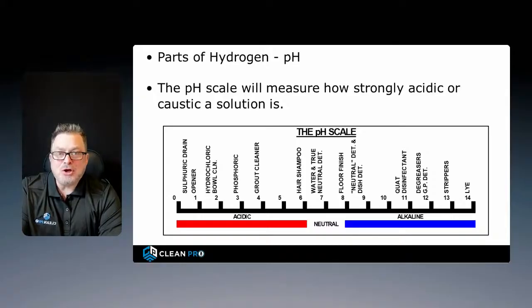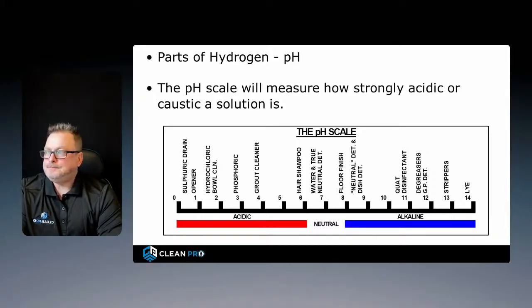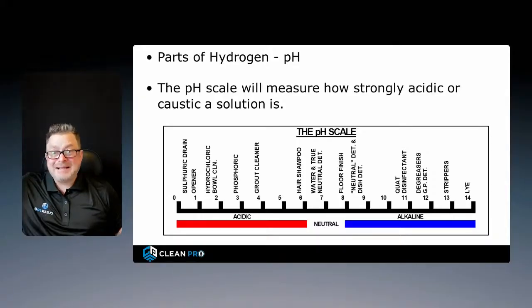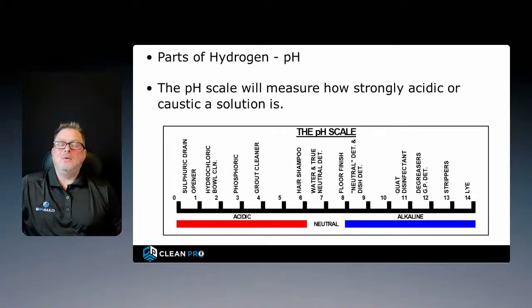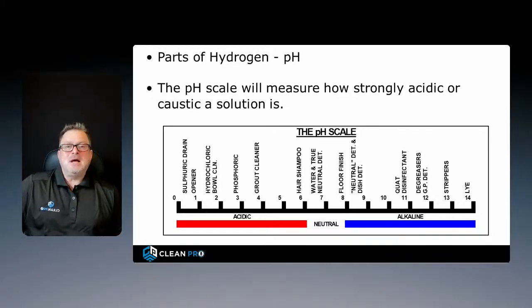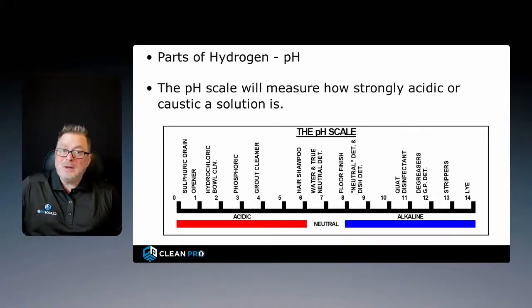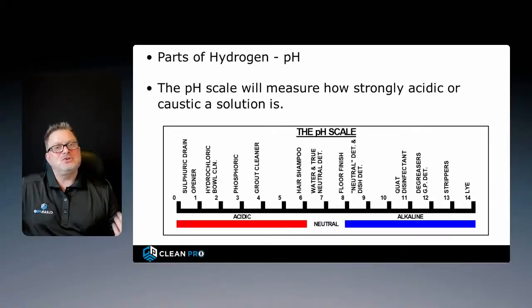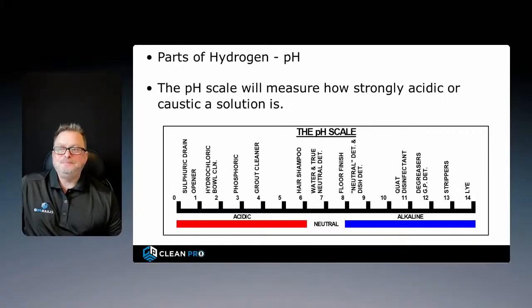If they got on your skin or whatever, not good. So it's extremely acidic, really, really dangerous. We don't want to deal with 0s unless we really, really need to. And there are certain circumstances, but very few.